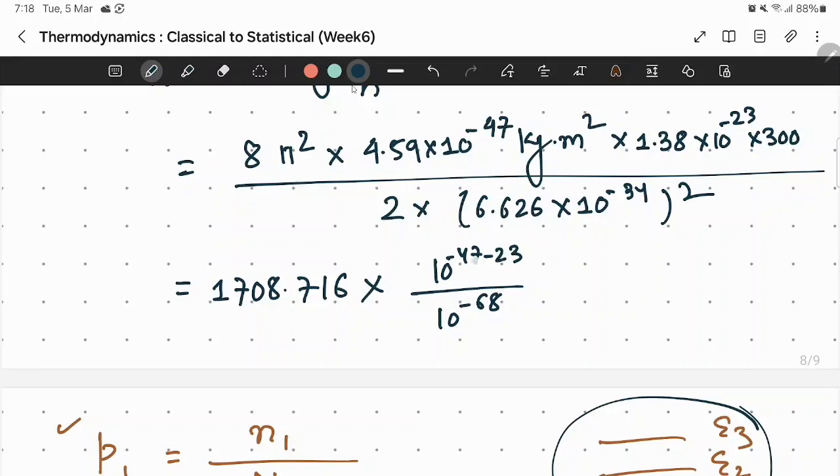So it is 47.70, so it's 10 to the power minus 2. So it means that 17 point. Okay, so it is 17.2 approximately.